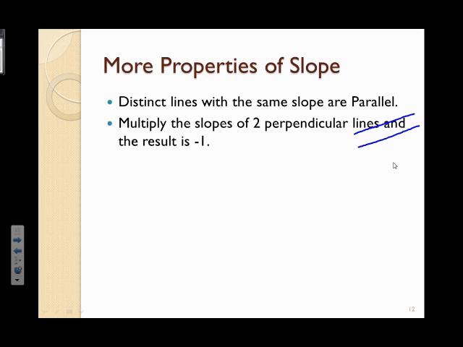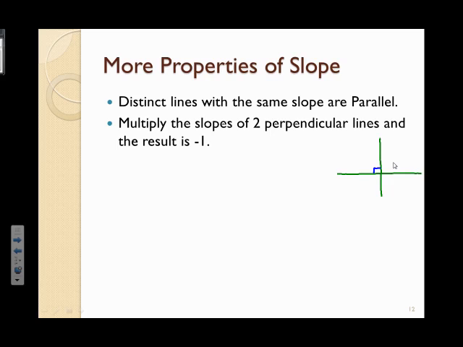The other thing is that if you have two lines that are perpendicular, let me review here just to make sure everyone remembers perpendicular. If you have one line going this way, and another line going this way, they are perpendicular if there is a 90-degree angle between these two lines.